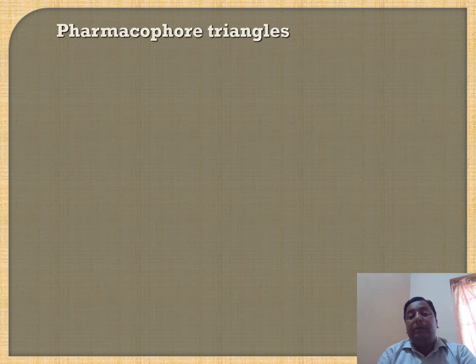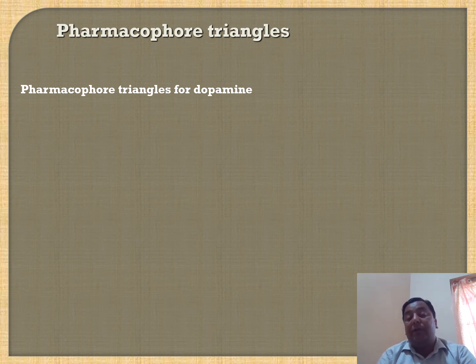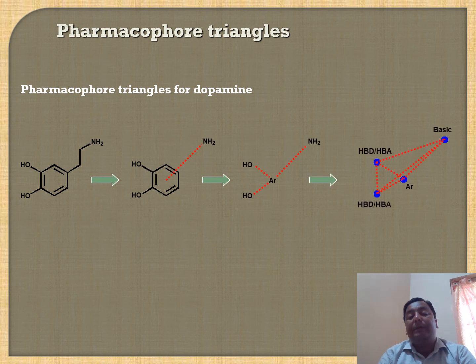right? So the pharmacophore triangle, say, for dopamine, which is a known drug. If you see the pharmacophore triangle for this compound, these are the features that respond: hydrogen bond donor acceptors, aromatic rings of course, and one basic atom. So dopamine, which will be treating in some cases, as I told you, working as an anti-cancerous agent, must have these features.